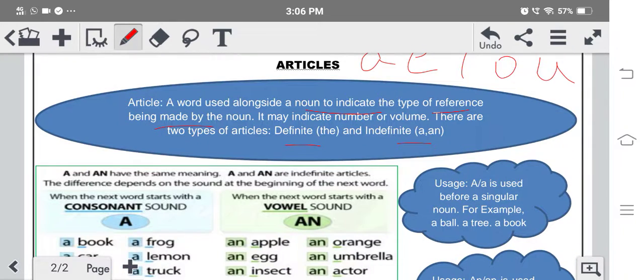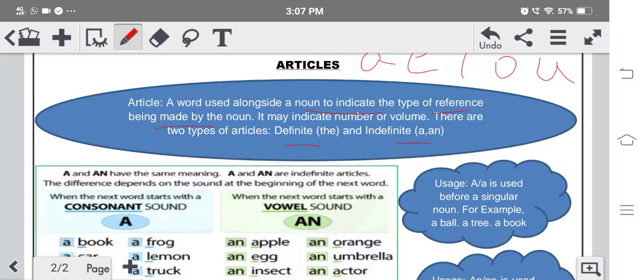A and an have the same meaning. The difference depends on the sound at the beginning of the next word. So an is used with a word which starts with a vowel. We can say honest. Now honest, here H is silent and the sound of O is coming.